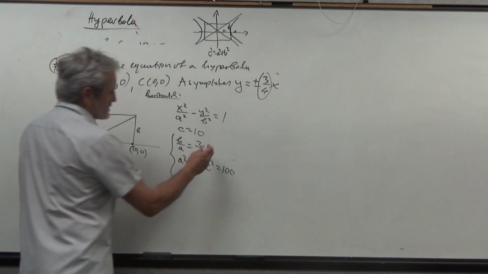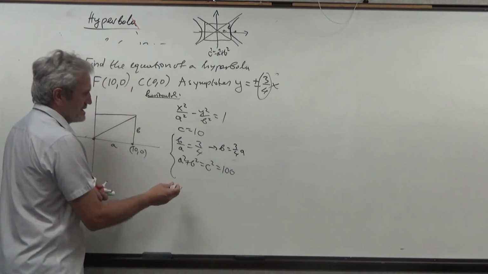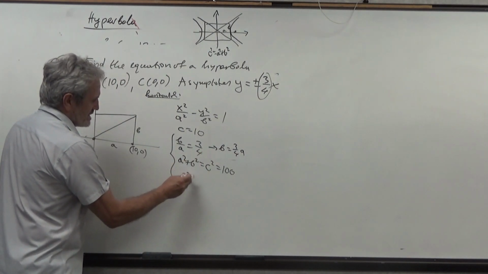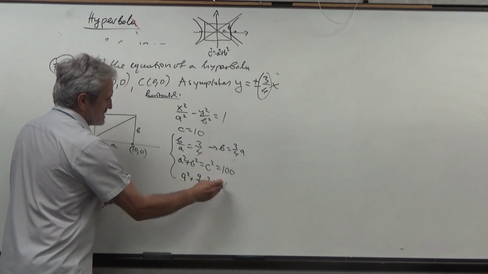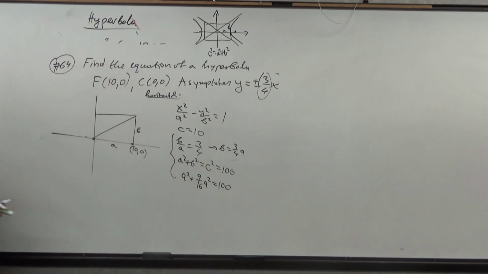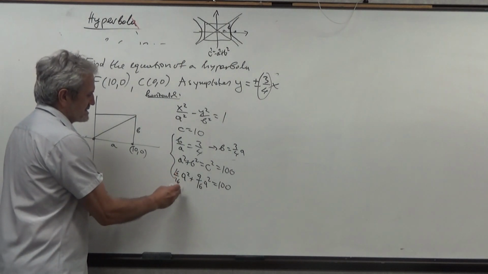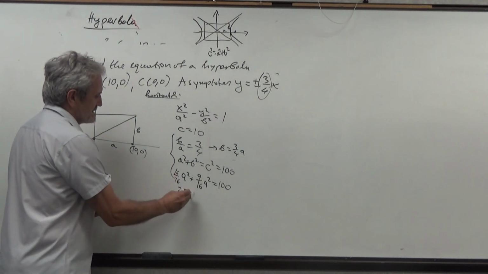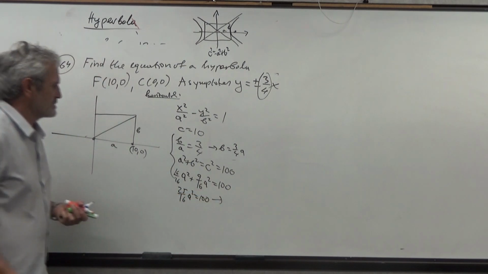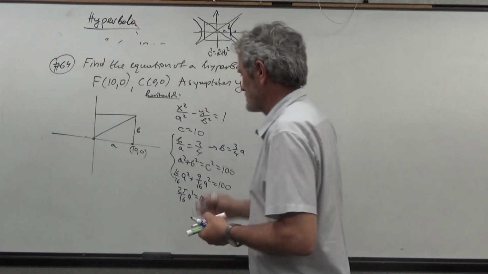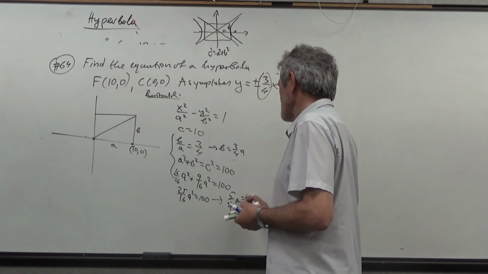How do we solve it? From here, b equals 3/4 of a. We plug it in and get a squared plus 9 over 16 a squared is 100. With the common denominator, this is 16 over 16, so we have 25 over 16 a squared is 100. A is the positive root of this equation, because a by definition is positive, so we take the square root: I get 5/4 a is 10.